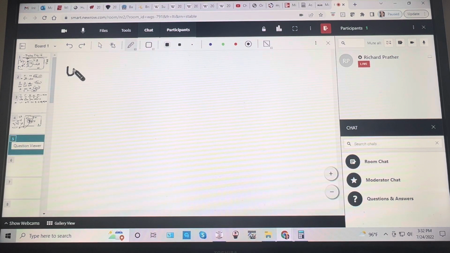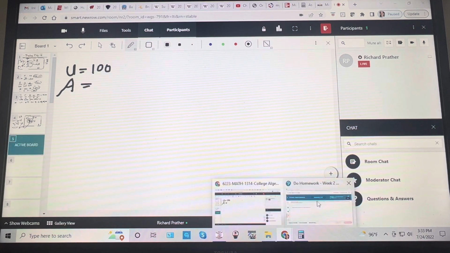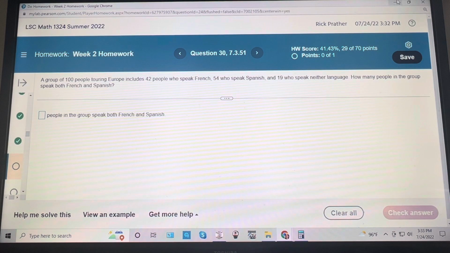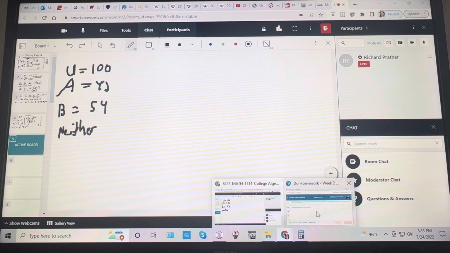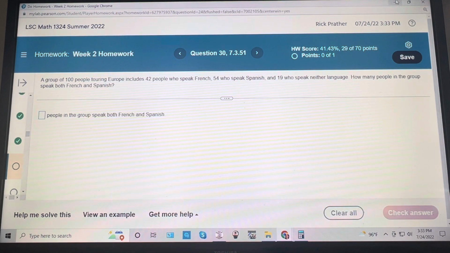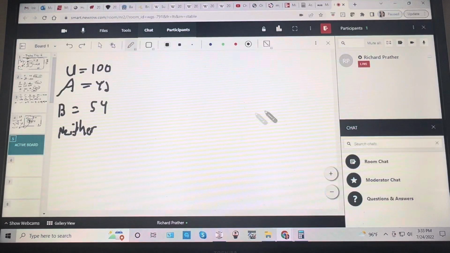So we have the universe size, I'll just skip right in the end for a minute, is 100. French speakers were 42. Spanish was 54. And then neither was 19.